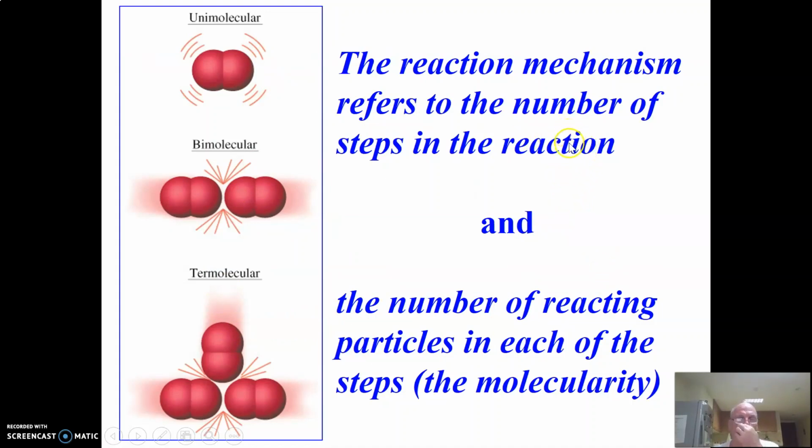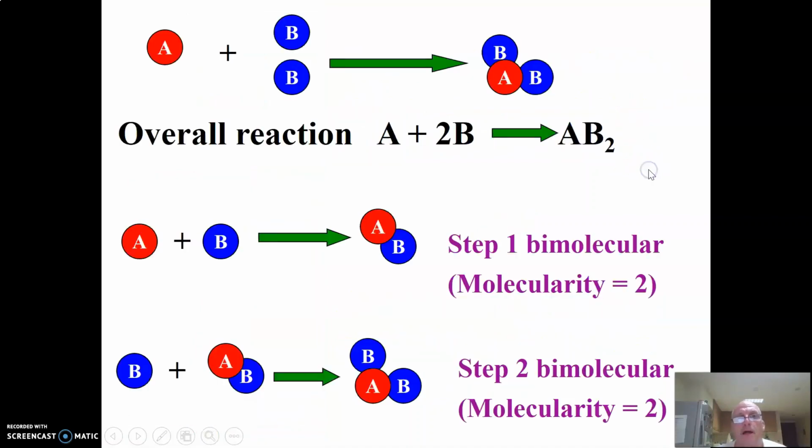So taking a quick look at that slide there, you can kind of read those things. And then, like here, for example, you have A plus 2B giving AB2. That's the overall stoichiometric equation. But you can see that this reaction is taking place in 2 steps. First of all, one particle of A collides with one particle of B to give this AB.